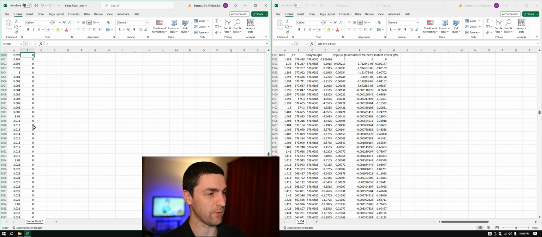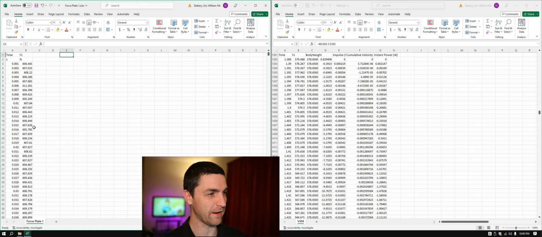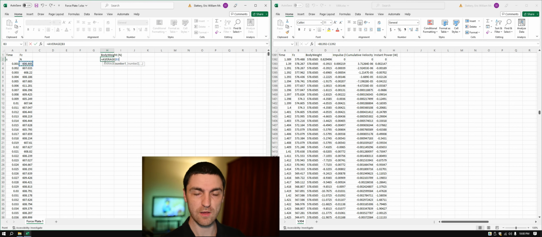So I don't know what their body weight is, but I am going to figure that out here. So let's just punch in body weight up here. It's going to be in newtons. So the body weight is actually going to just be the average for this person. Since they were standing on the force plate for a couple seconds, I can use just a second. A second will work for me. It'll depend on what your data looks like.